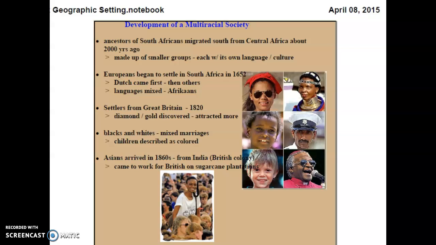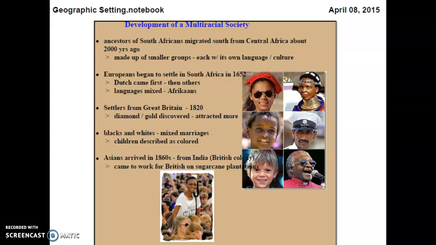And then a few years later, gold was discovered. So these discoveries, of course, attracted more colonists. And then descendants of the Afrikaners, remember these were the Dutch or the other earlier European settlers, and the British colonists came to be known as the white South Africans, that ethnic group.